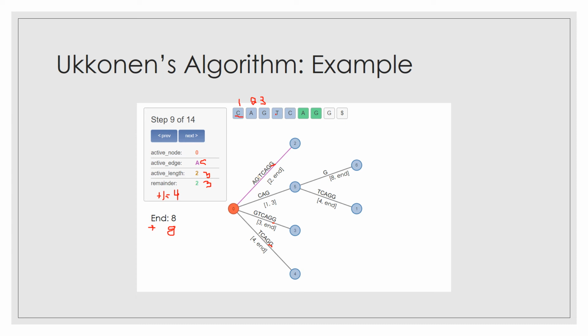So we ended up splitting here, we made this just 1, 2, 3 for CAG, and then we did a split, adding 2 leaves. So every time, remember, you add a leaf, you have to subtract the remainder, then it gives us 2, right?